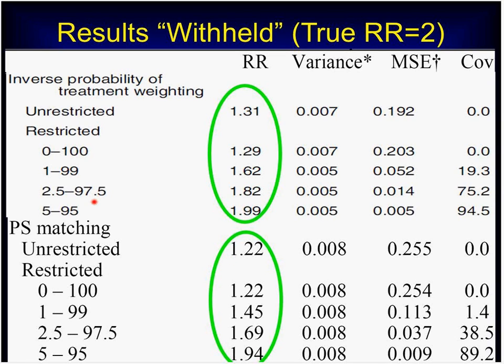But you see, by trimming within the overlap range, you come closer to the true relative risk of 2 for both IPTW and matching.